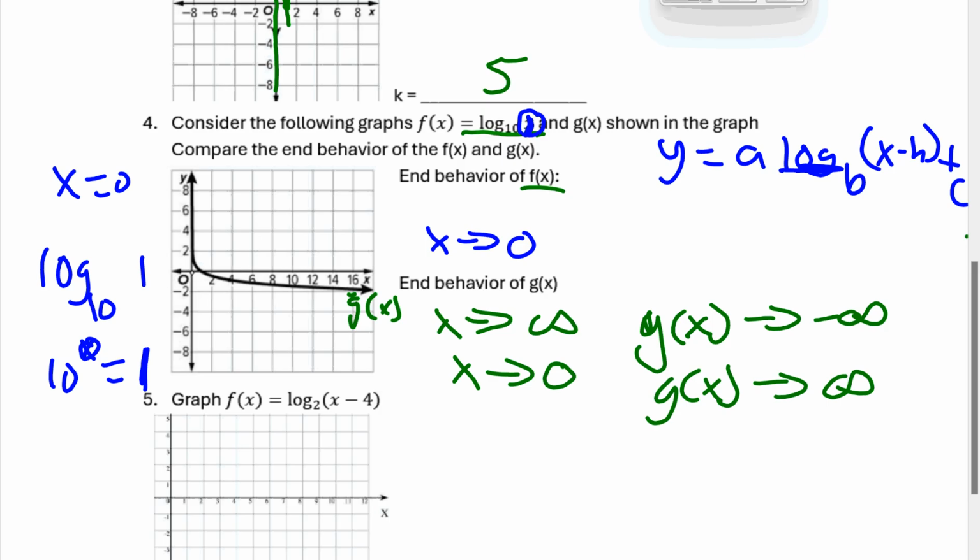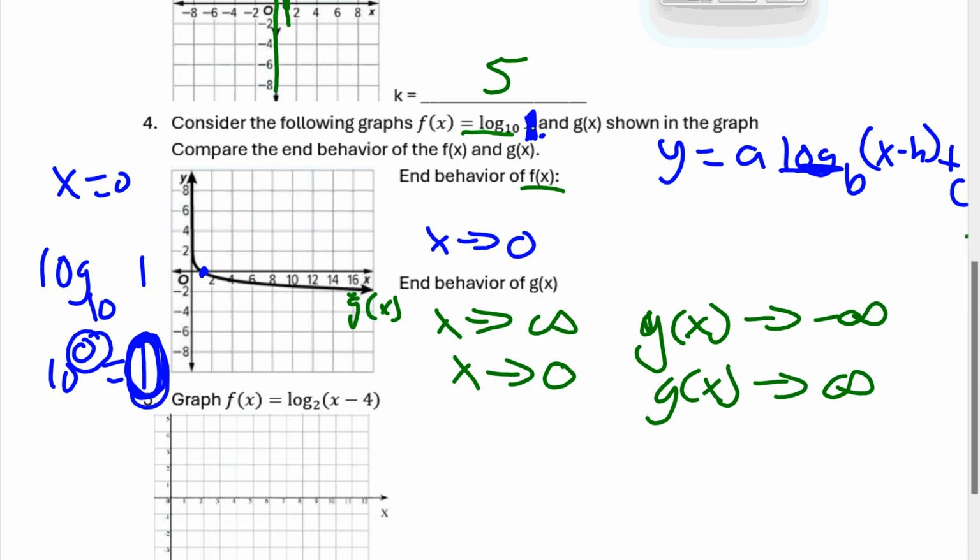So at 0, I'll be up here at, sorry, mix those up, as 10 to the 0 is 1. Okay, so that means when I go over 1, I'd be up at 0. So I'm actually right here at this point, 1, 0. So it's backwards of the log. So this would be my actual x value, and this is my y value, not the other way around. Okay, so that's when you just try to say, what do I have to plug in for x to make it be 1?